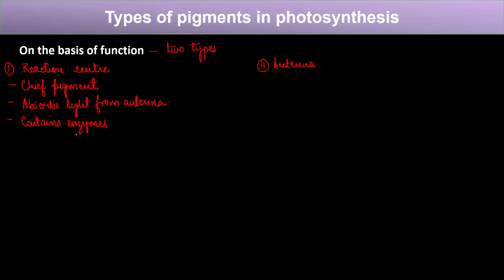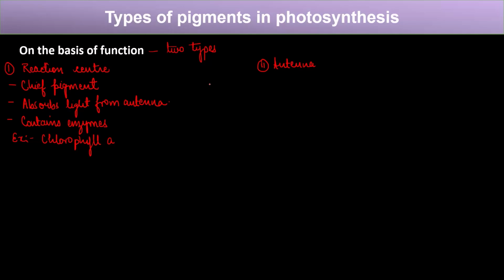So this chief pigment contains enzymes that catalyze certain biochemical reactions. What is the example of the chief pigment? In higher plants, the example is chlorophyll A. In the previous lecture, we have seen the structure and formula of chlorophyll A, right?